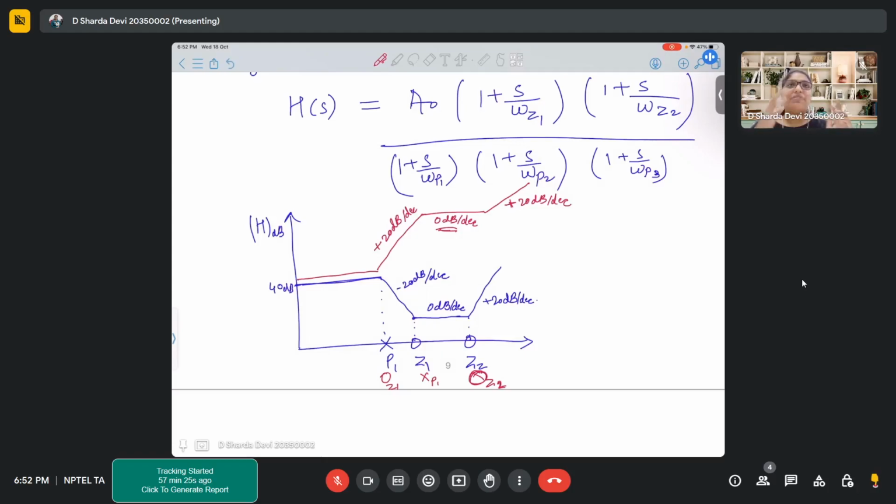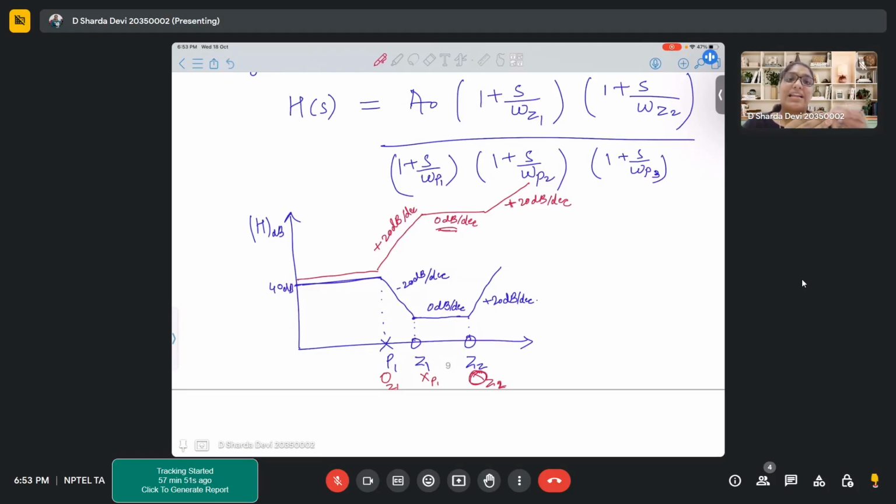Let's say there will be two poles appearing at a point. We know it will introduce minus 40 dB per decade. Let's say we already had a plus 20 dB per decade slope coming. From there, people start drawing minus 40 dB slopes. But what will be the actual result?